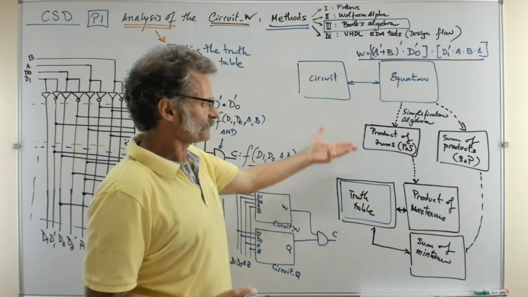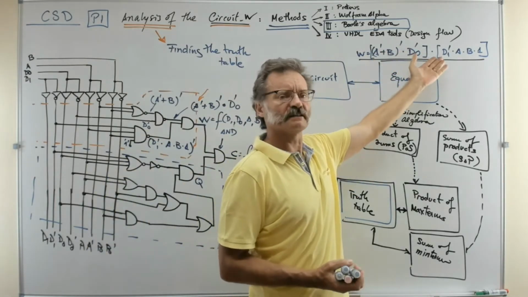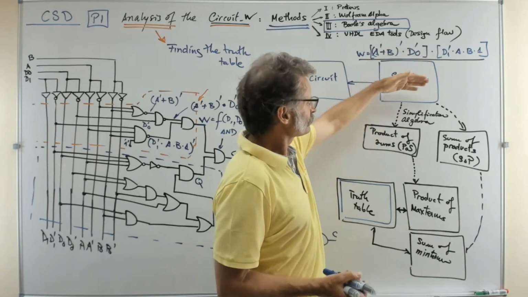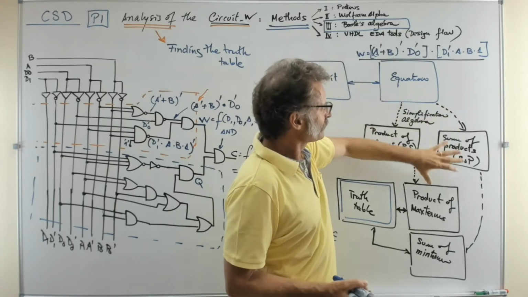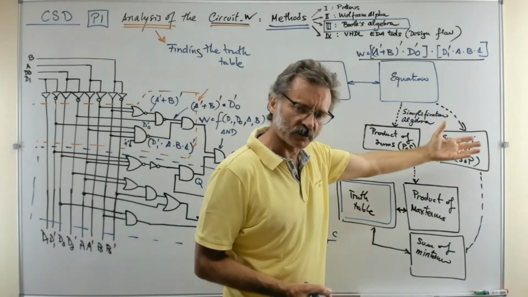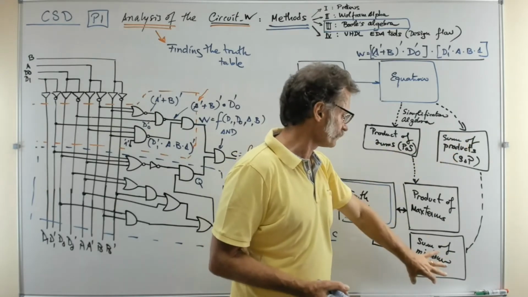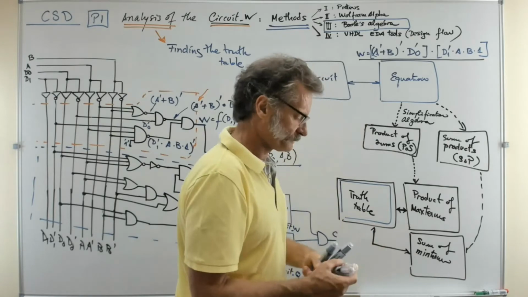Or in the other way, because that depends on the easiness in simplifying the equation, you can simplify using algebra to get a sum of products, and then transform the sum of products into a sum of minterms. And in this way you also have the truth table, right?